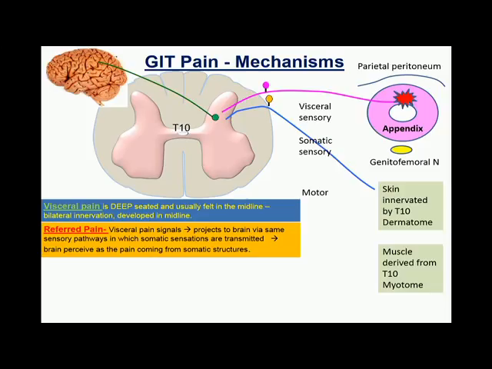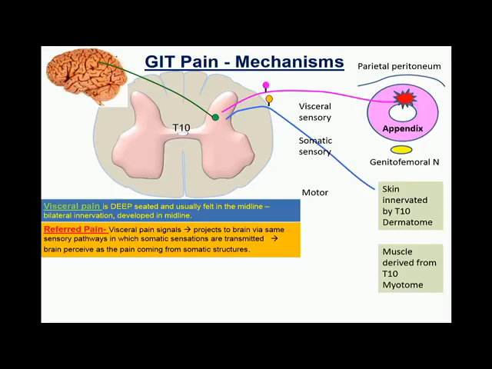I'm not going to confuse you, but be aware there are different types of referred pain. Classically, we talk about referred pain due to a pathology in a visceral organ causing pain in a somatic structure. We call it viscerosomatic referred pain. That's the classic one, and if you know that, that is enough.